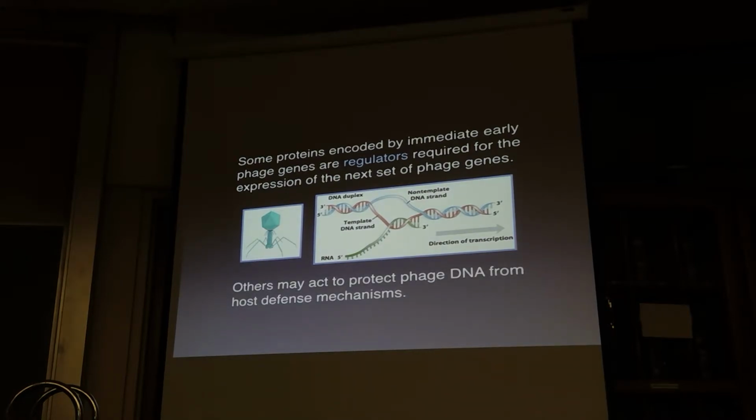Some of those proteins are actually going to help to protect the phage DNA. Remember that bacteria have defense mechanisms. They have restriction enzymes, those restriction endonucleases, which their job apparently is to recognize foreign DNA that gets in and chop it up before it has a chance to take over. So there are going to be some enzymes encoded by the viral genome to help protect them.